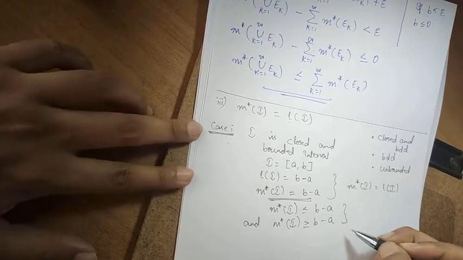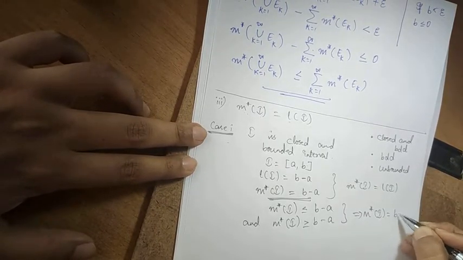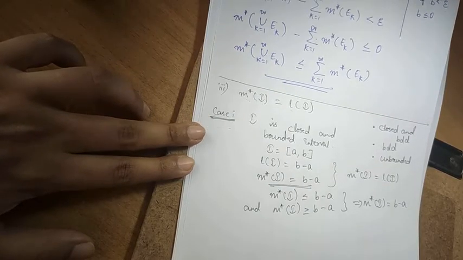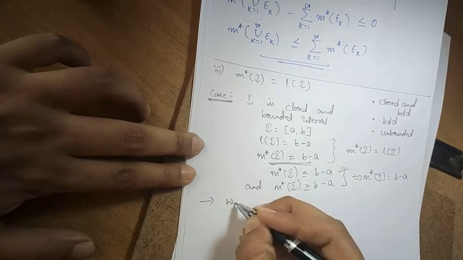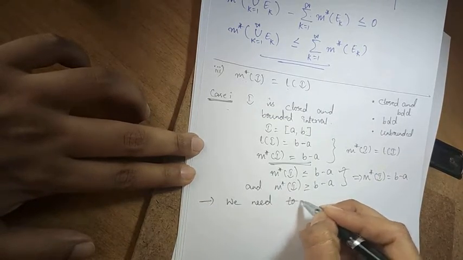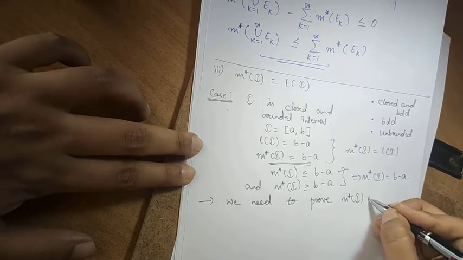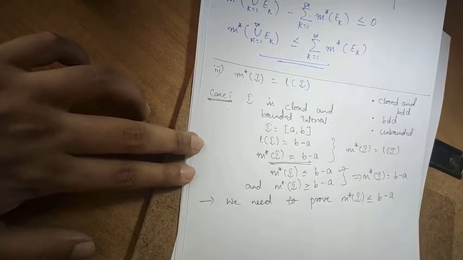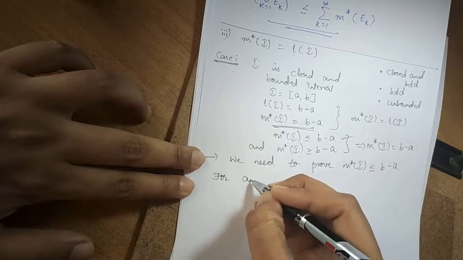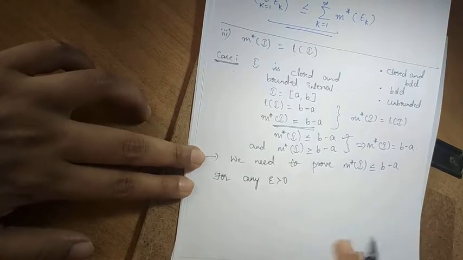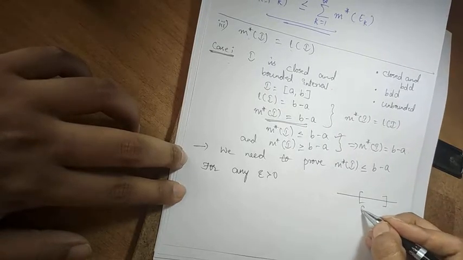If I prove both conditions, I can say that m star of I is equal to b minus a. So let us prove the first condition: we need to prove m star of I is less than or equal to b minus a.